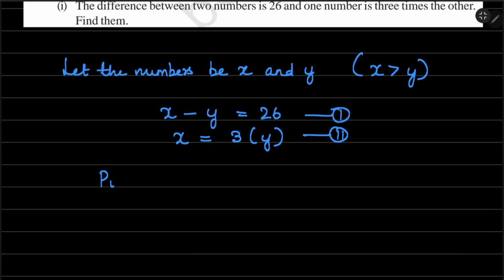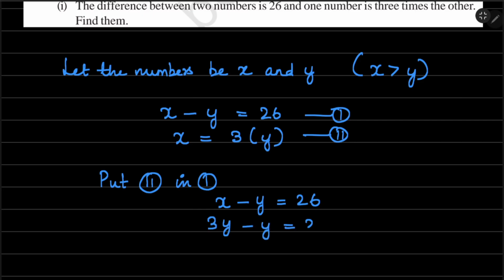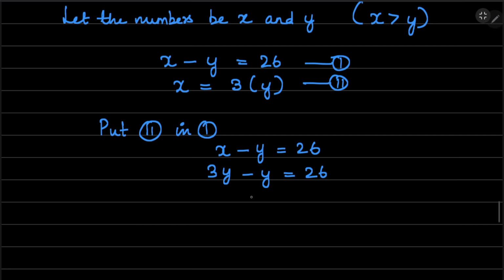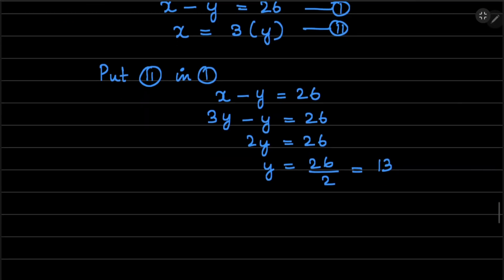So we can put equation 2 in equation 1. So what do you get? x minus y equal to 26, and x is equal to 3y. 3y minus y equal to 26. 3y minus y is 2y equal to 26. And therefore y is equal to 26 by 2, which is 13. So one of the numbers is 13.